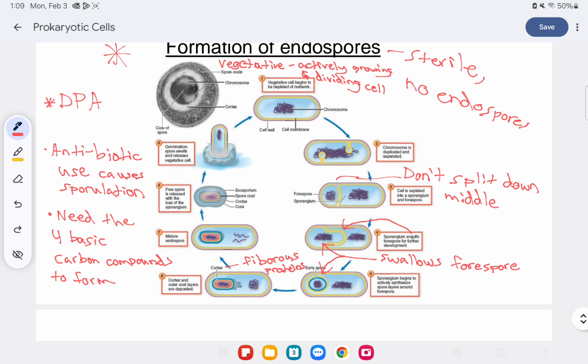So they're tricky, and if I want to get rid of them, then I have to sterilize. And that is a word that I use sparingly. And if something is sterile, I'm saying that everything is gone, including these guys.